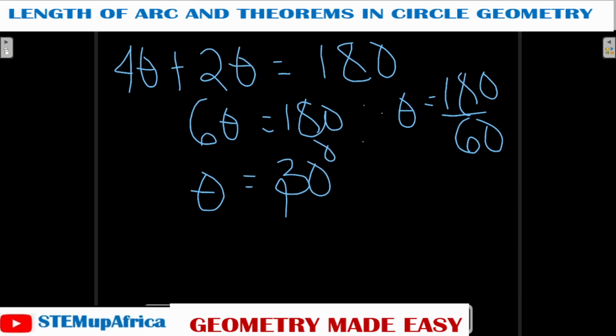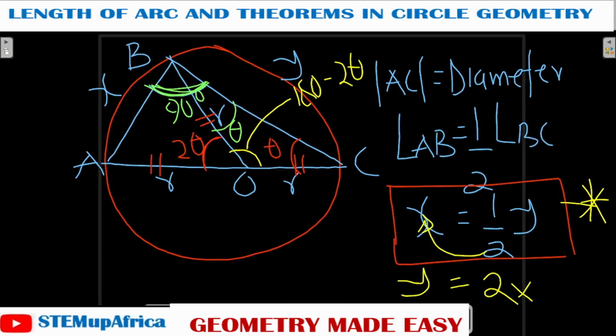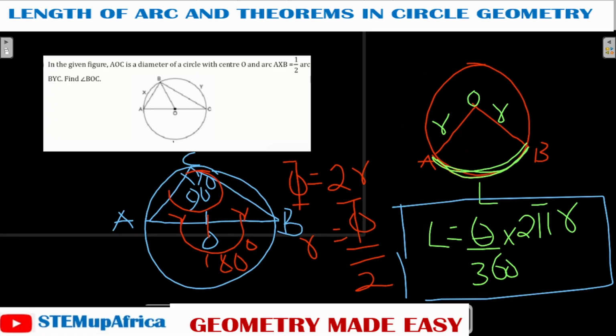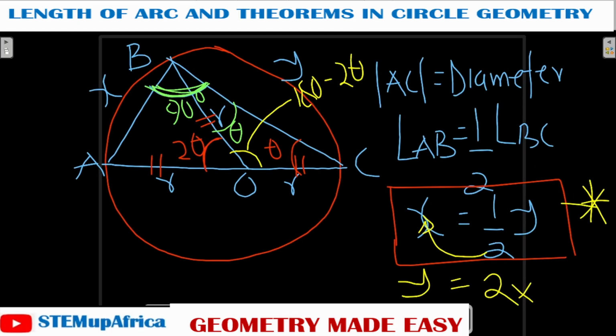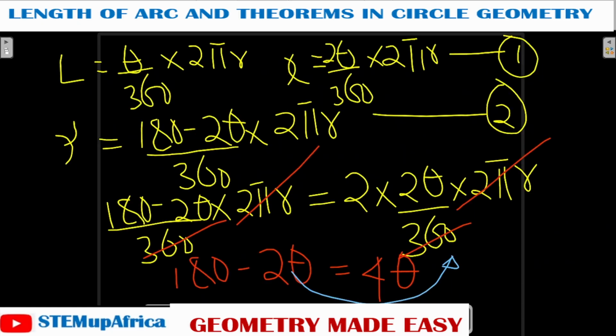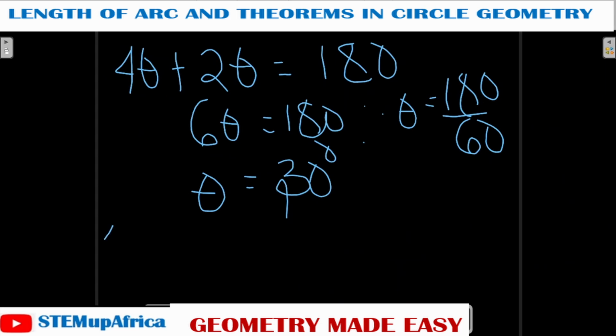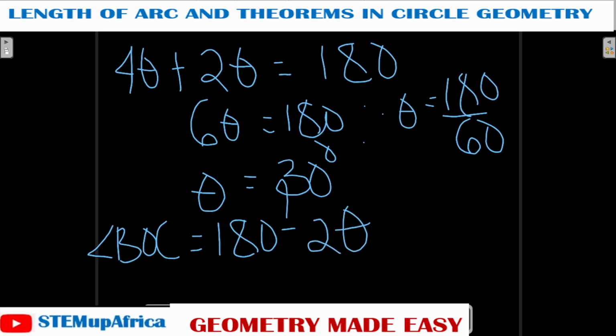But we're not looking for theta. The question specifically asks us to find angle BOC. So let's trace the angle from the figure we drew. Angle BOC is the value here. What is the angle there? 180 minus 2 theta. That is the value of angle BOC.